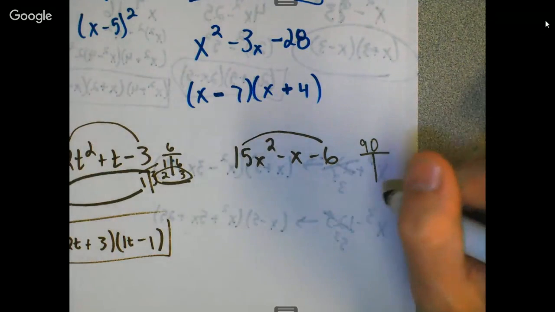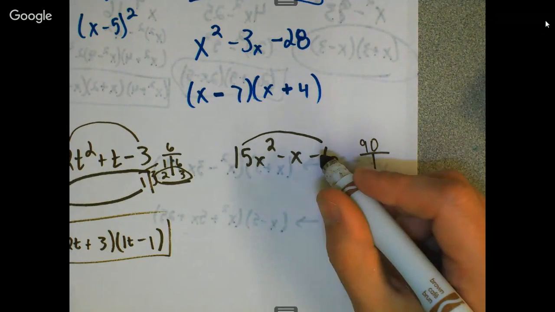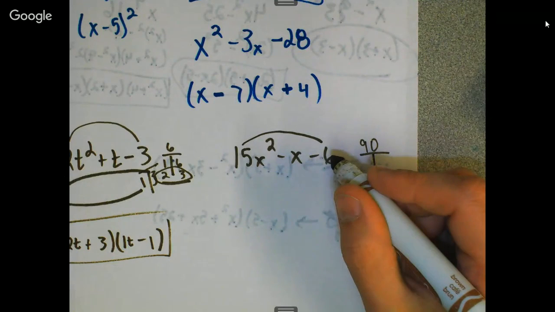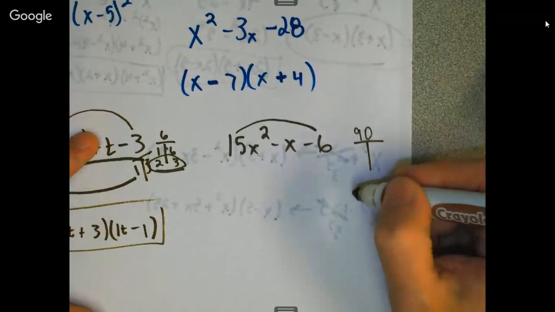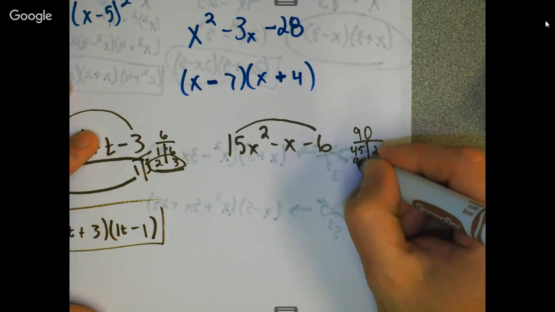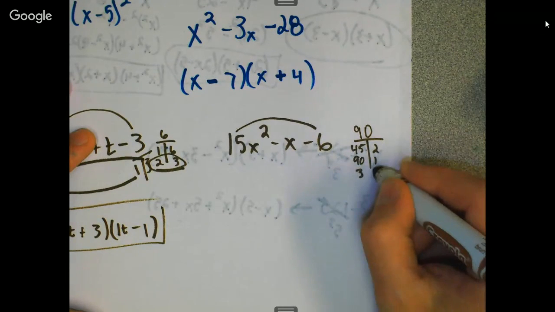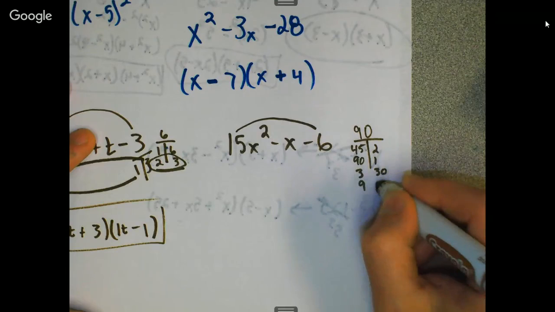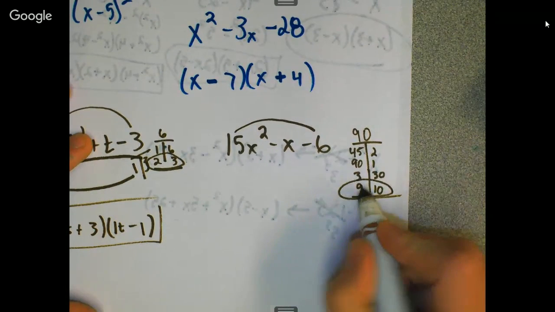We need factors of 90 that subtract to 1. So just start listing out factors of 90. We got 45 and 2. We got 90 and 1. We have 3 and 30. We have 9 and 10. Right here, 10 minus 9 gave me the 1.